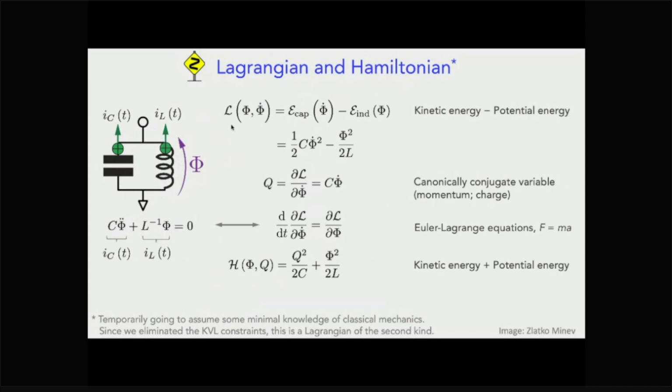The Lagrangian is a particular type of useful function which Lagrange worked on, which defines the kinetic minus the potential energy. Now, that's not all. It's kinetic minus potential in terms of the position, which is phi, and the velocity, which is phi dot. The Hamiltonian, on the other hand, is basically the kinetic plus the potential. So there's a sign difference, but that's not really the most essential difference.